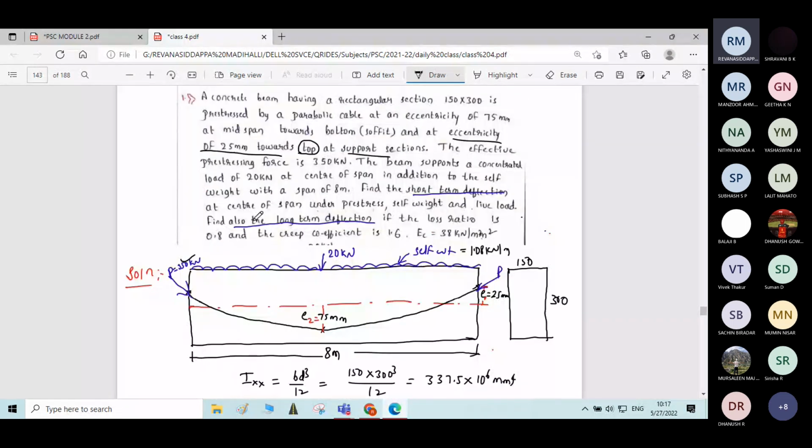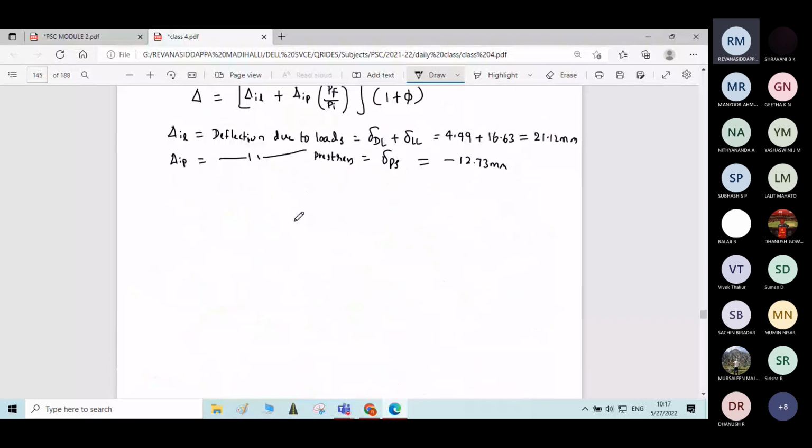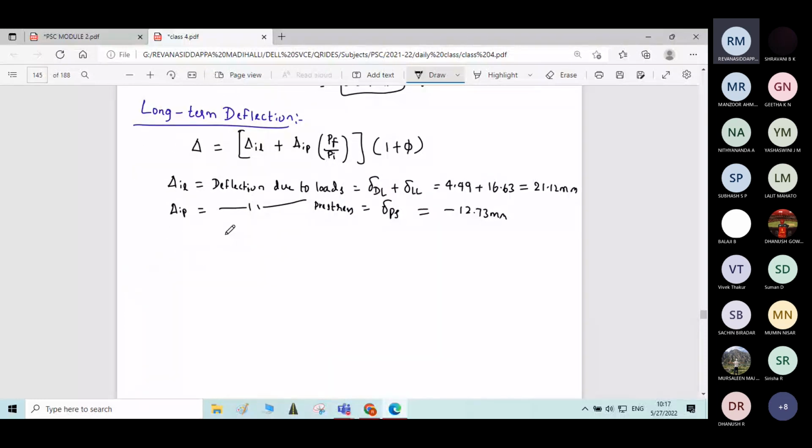Loss ratio is 0.8. Loss ratio means this ratio of PF by PI. The ratio of final pre-stress to that of initial pre-stress is called the loss ratio. It is directly given 0.8, and creep coefficient is also given.